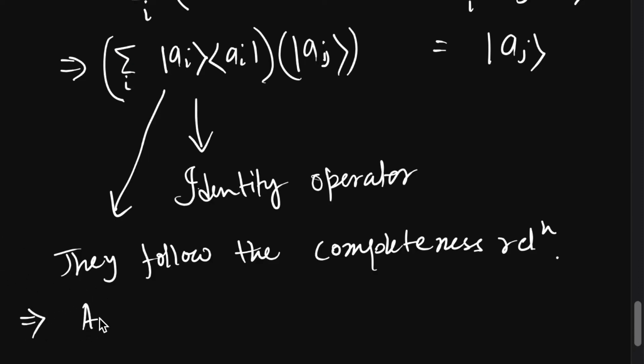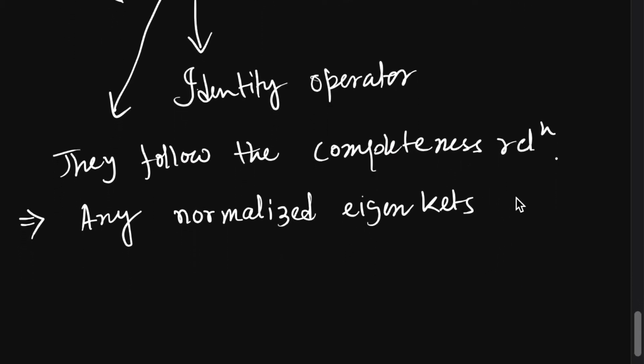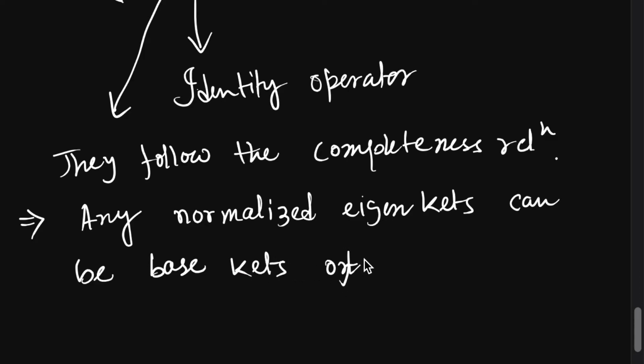That means any normalized eigenkets can be the basis of the ket space.